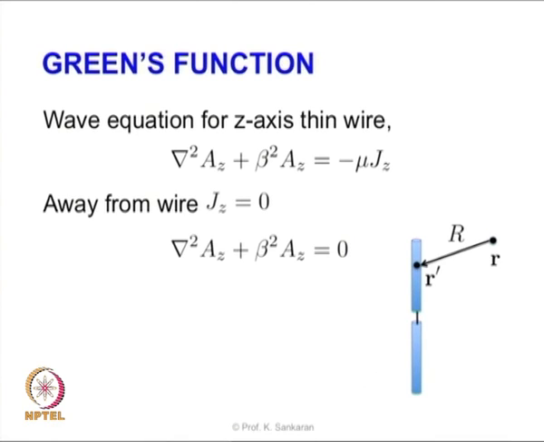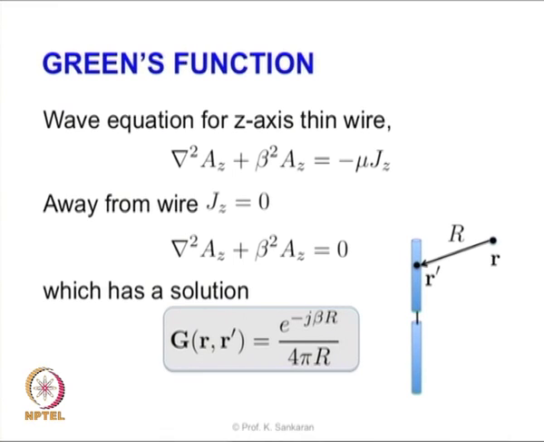So what we will get is a homogeneous wave equation with 0 on the right hand side, which has a solution of the form which is nothing but the Green's function solution, which has an exponential aspect and 1 by 4 pi r, where r is the distance from the point of observation to the source location.